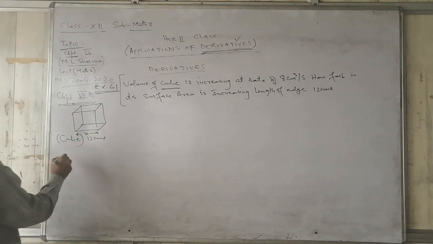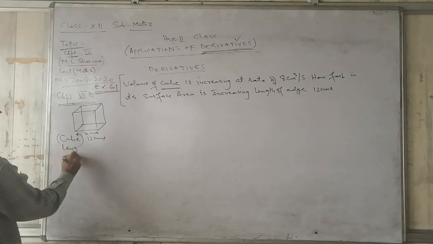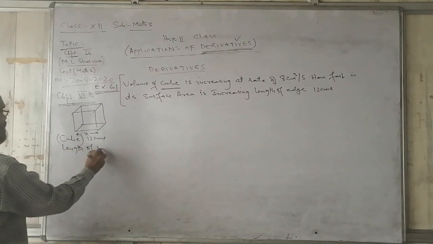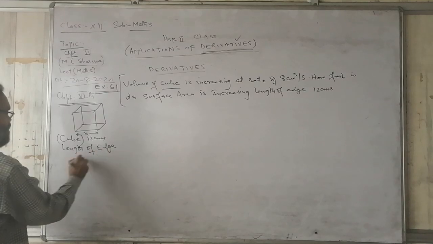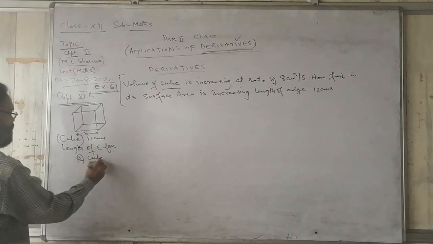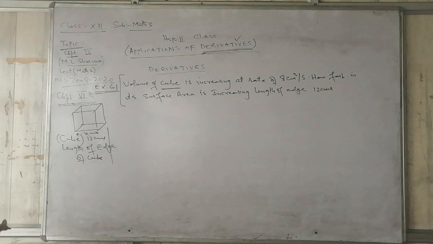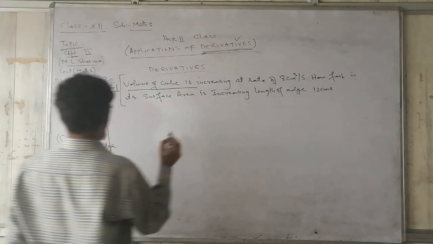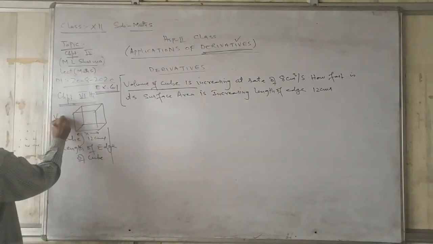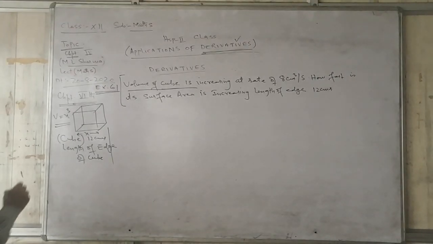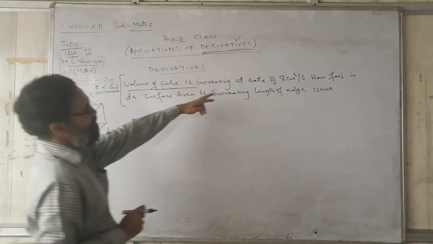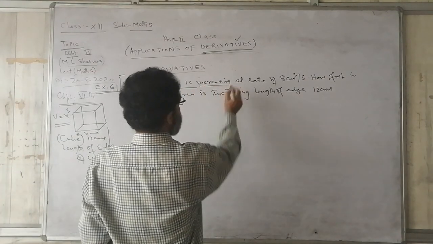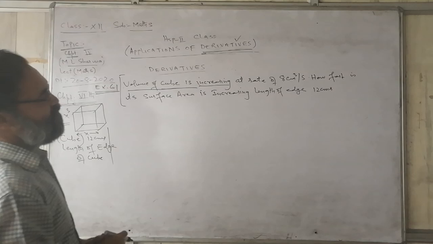It is the edge length of the cube. So this we have to take later. Now volume of cube is given, and you also know volume of cube is x cube. This formula is known to you. So volume of cube is increasing at the rate of 8 centimeter cube per second.